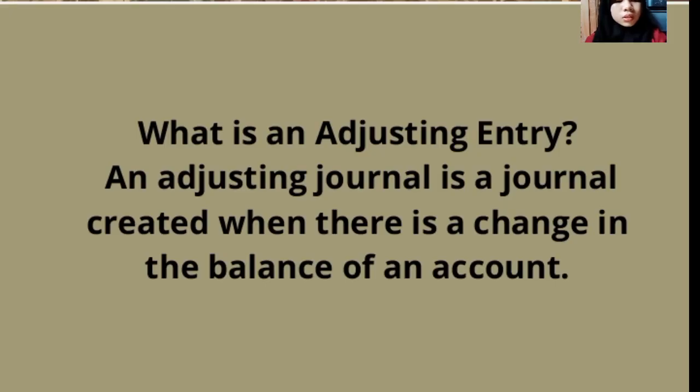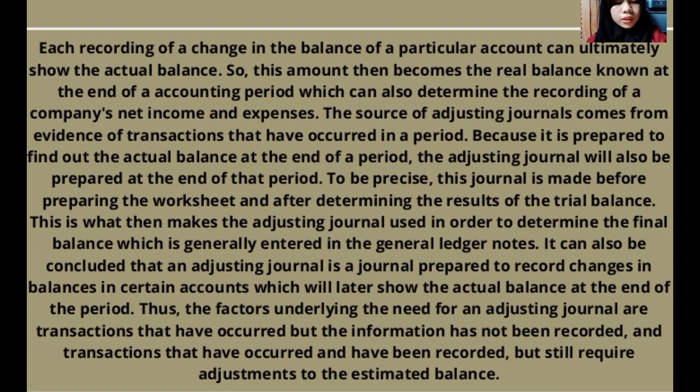An adjusting entry, or adjusting journal, is a journal created when there is a change in the balance of an account. Recording the change in the balance of a particular account can ultimately show the actual balance, so this amount becomes the real balance now at the end of the accounting period, and it also determines the recording of a company's net income and expense.